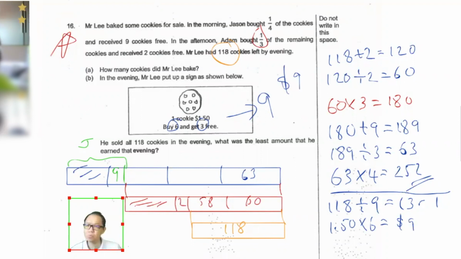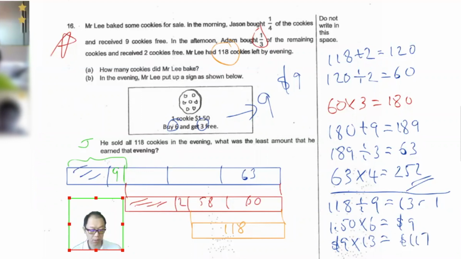Okay, I'm looking at your working. 13 packets. 1 cookie $1.50, buy 6, get 3 free. So each one costs $9. We bought 13 packets. So if we take $9 times 13, we get 117.